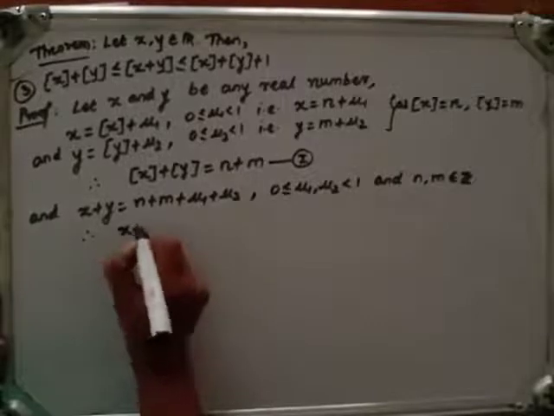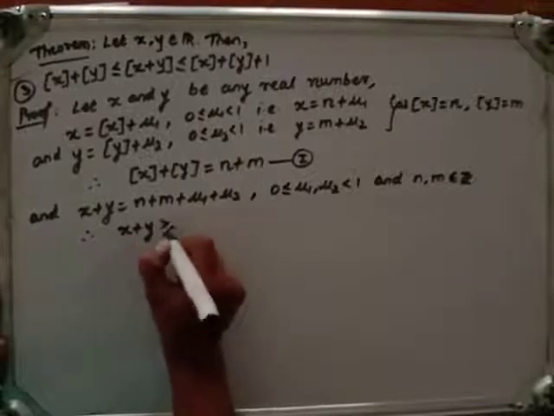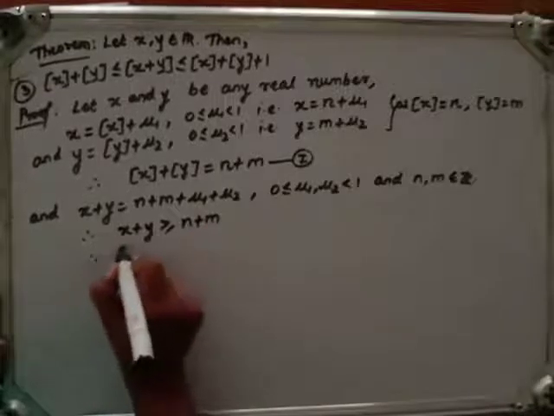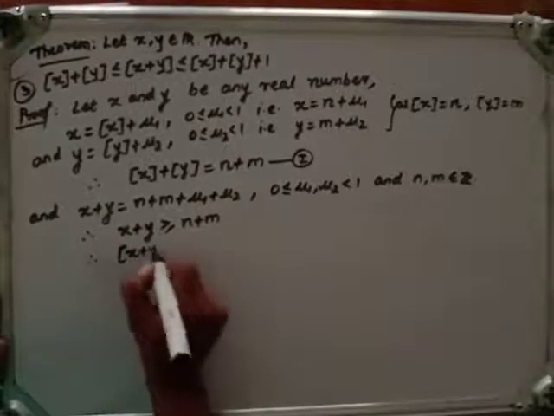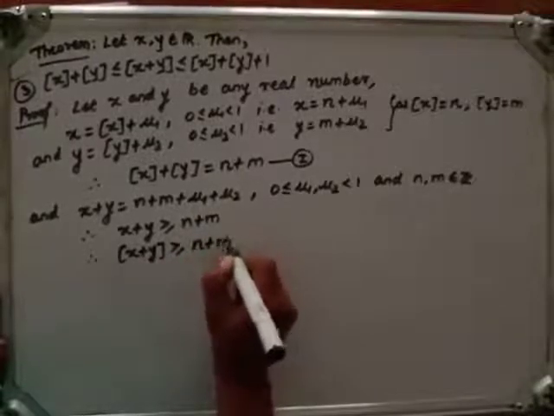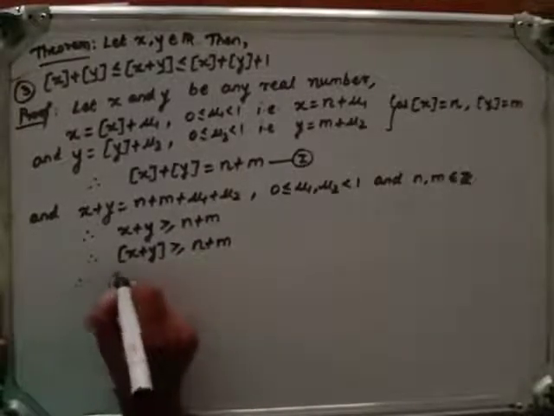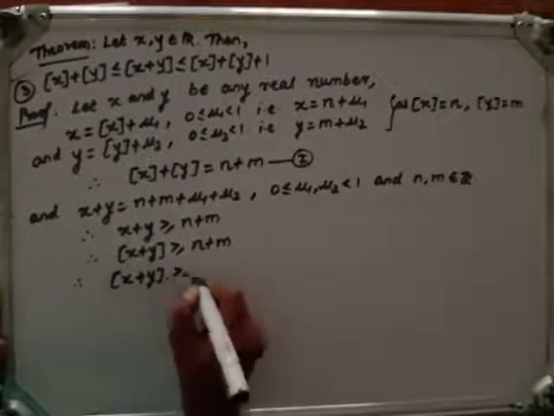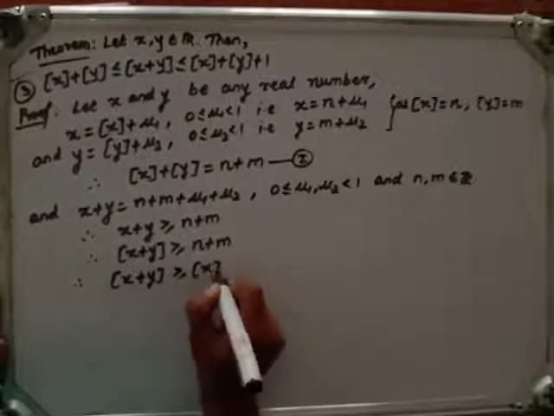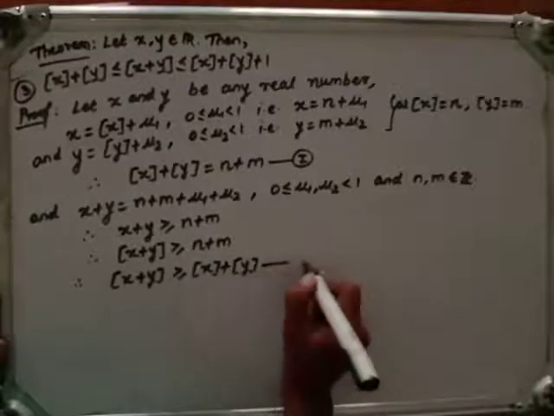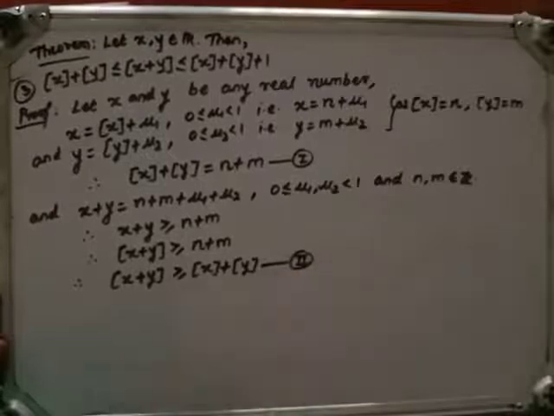Therefore, x plus y is greater than or equal to n plus m. Therefore, the greatest integer function of x plus y is also greater than or equal to n plus m. So the greatest integer function of x plus y is greater than or equal to the greatest integer function of x plus the greatest integer function of y. Call it equation number 2.